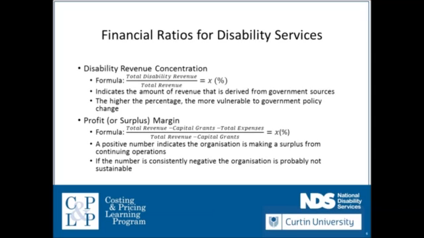The second ratio that's included on this particular slide, the profit or surplus margin, is also an important consideration. When you go back to the previous webinar where we talked about solvency and sustainability from a financial perspective, of course all organisations within the disability services sector must achieve a profit at the aggregate level in order to be sustainable in the medium and longer term, if not only in the short term.